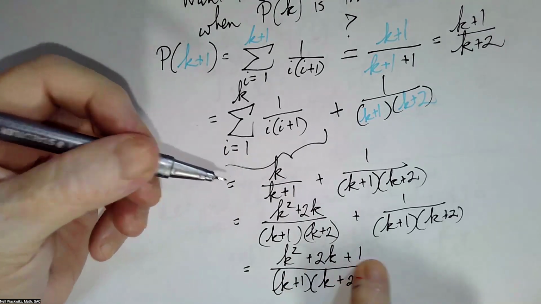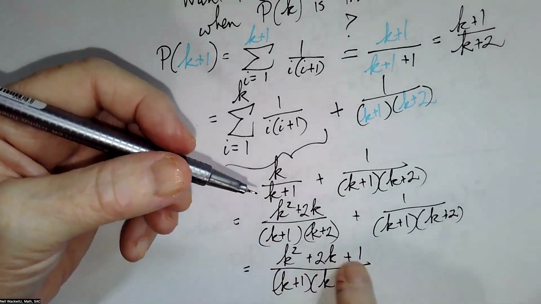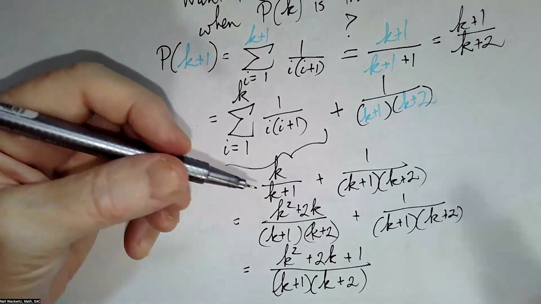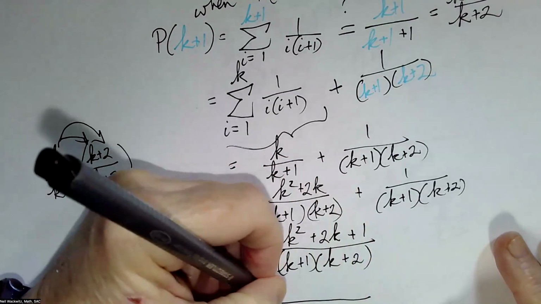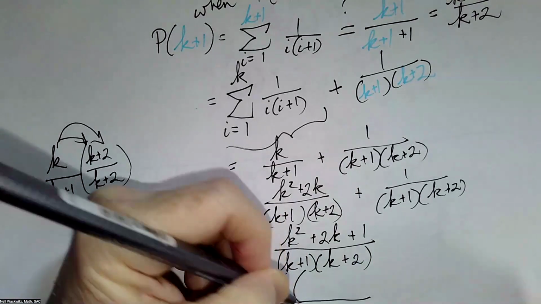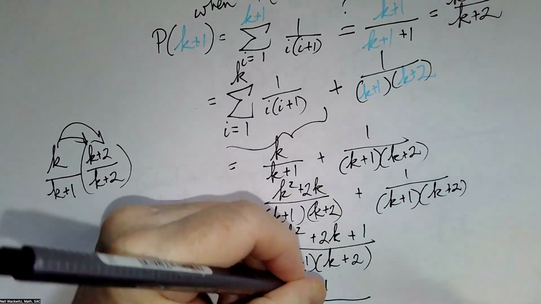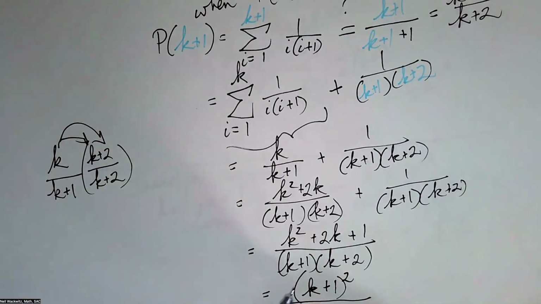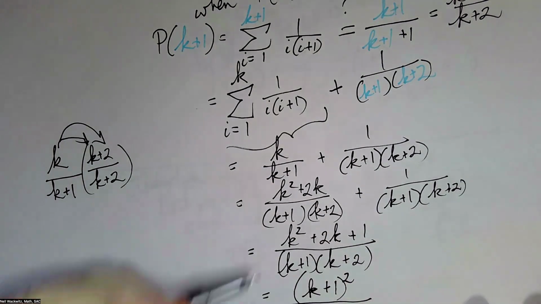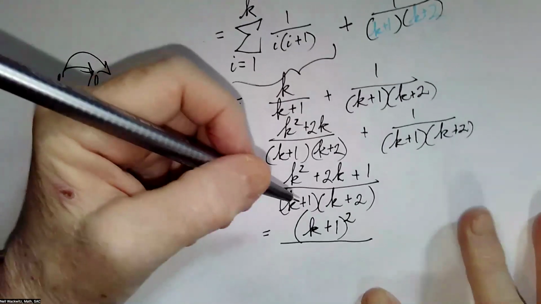Oh, hey, notice that the three terms in the numerator are a perfect trinomial square. So that's going to look like K plus 1 all squared, because we've got K squared plus 2 times K times 1, that's 2K, plus 1 squared, which is 1. And the denominator still stays.